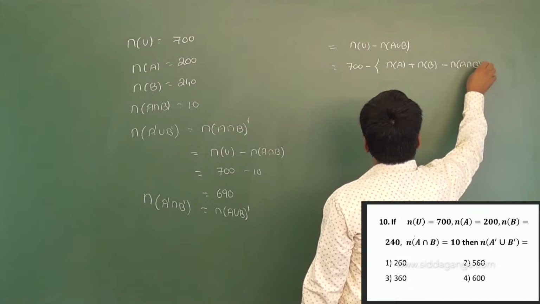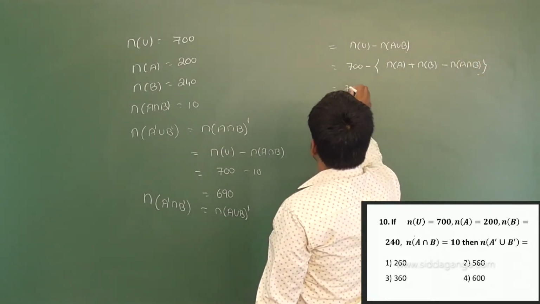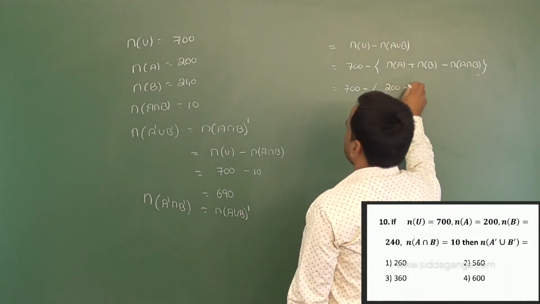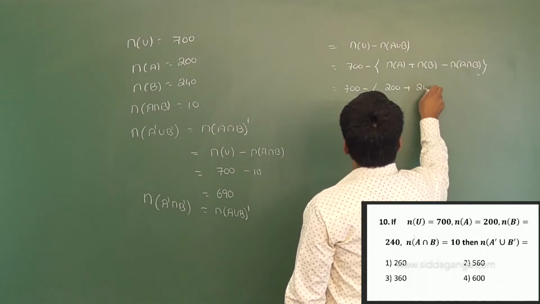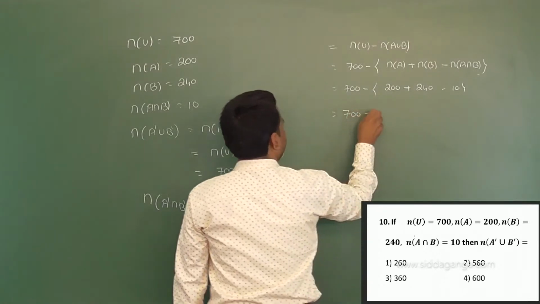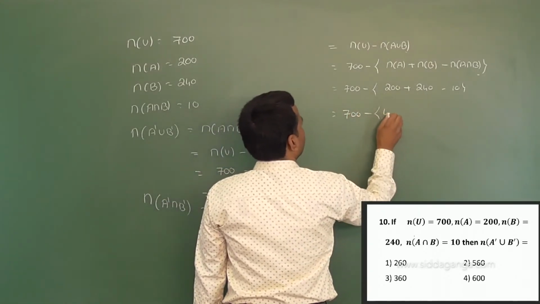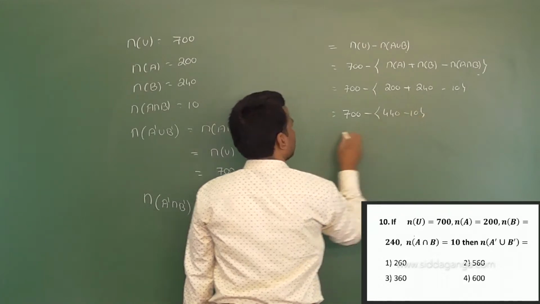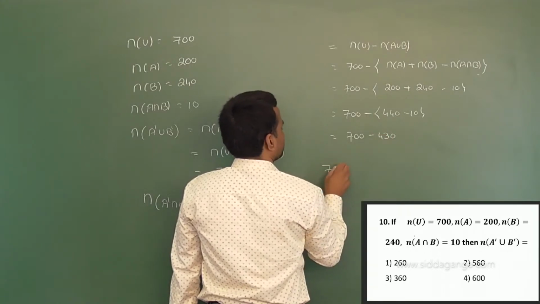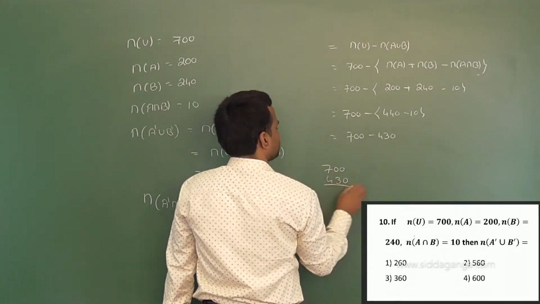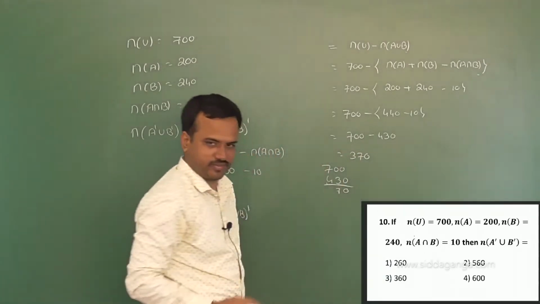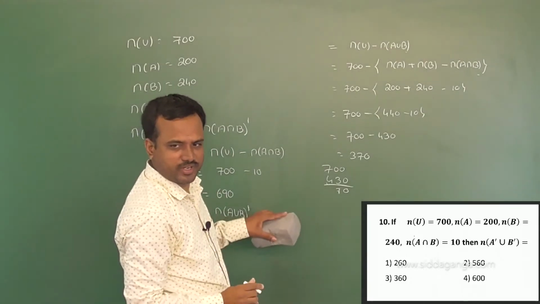A intersection B. So 700 minus N of A. N of A is what? 200 plus N of B 240 minus 10. 200 and 240 means 440, minus 10 is 430. 700 minus 430 is 370. So 370.